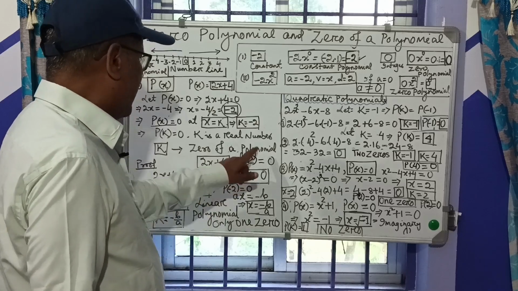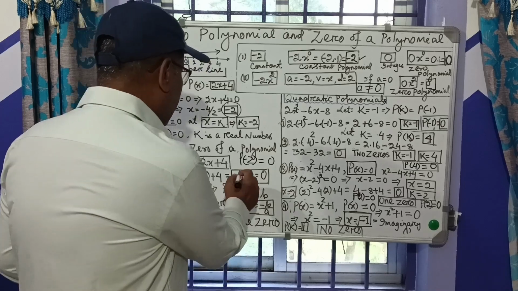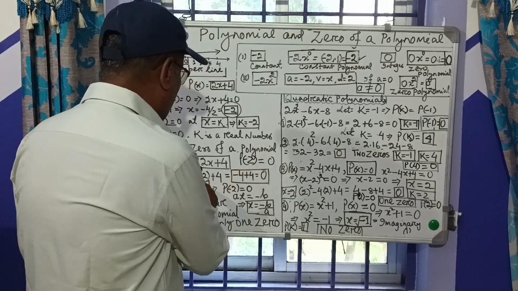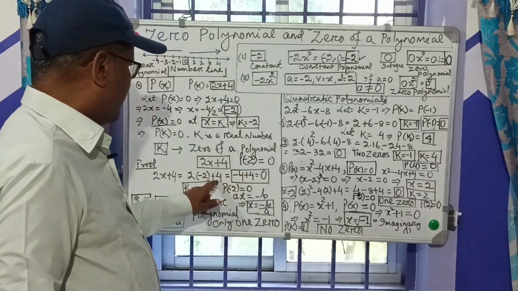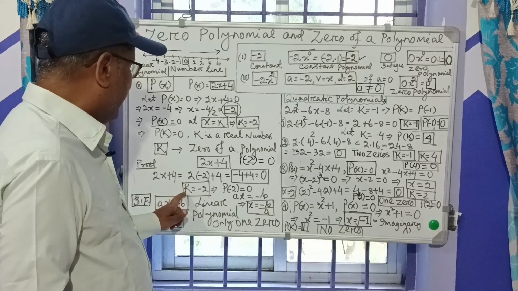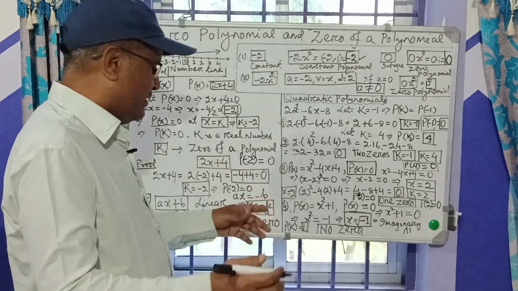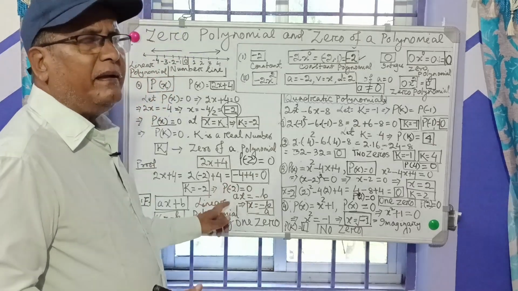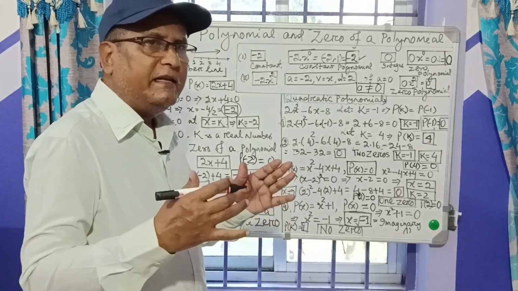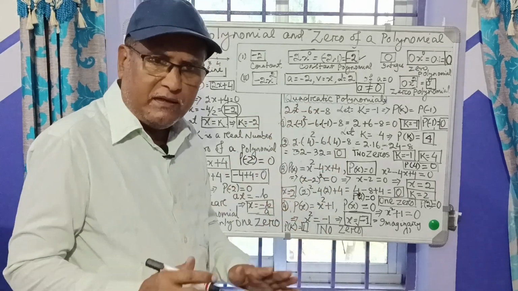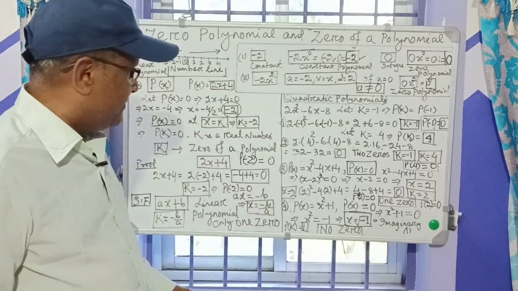Now the result is minus 4 plus 4. 2 multiplied by minus 2 is minus 4, and minus 4 plus 4 is 0. So simply k is minus 2 and we write p(k) is equal to 0. Here we can write p(-2) is equal to 0. So k is a zero of the polynomial, meaning for the value of k, that polynomial becomes 0.